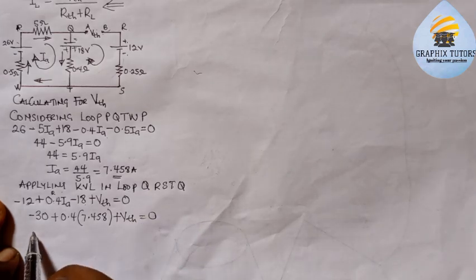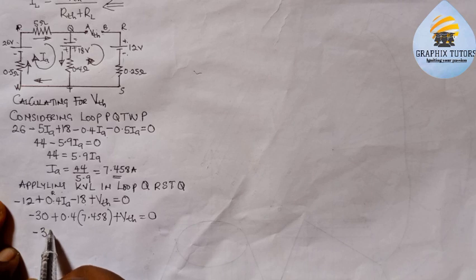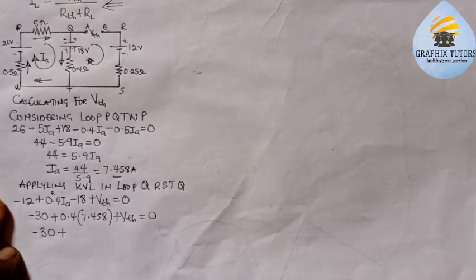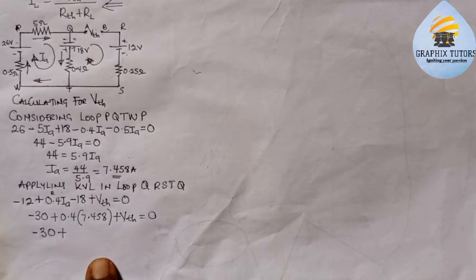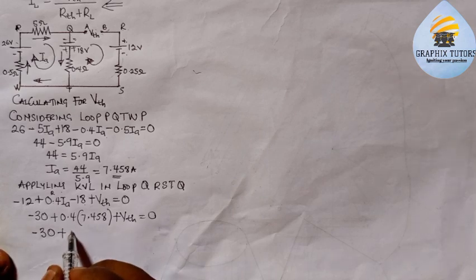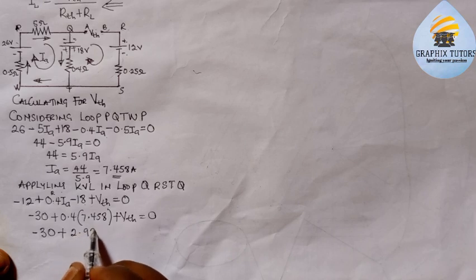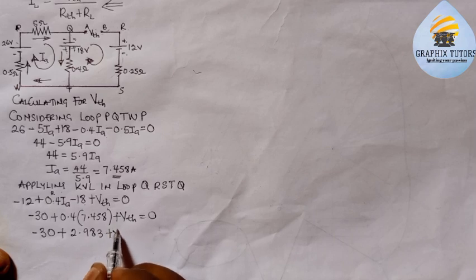Now when you multiply 0.4 times 7.458, you'll have 2.983. So I'm going to have 2.983, plus VTH equals 0.